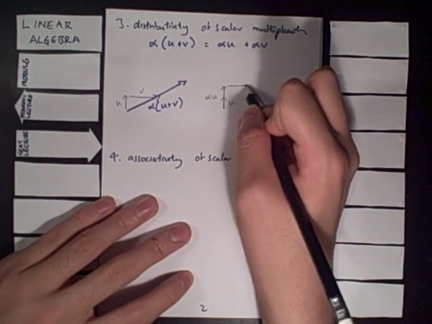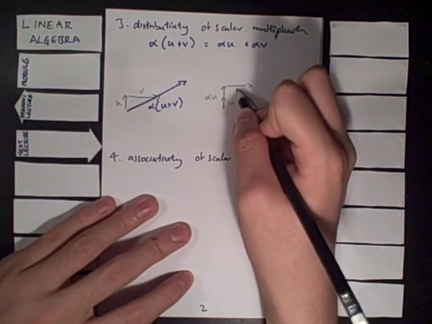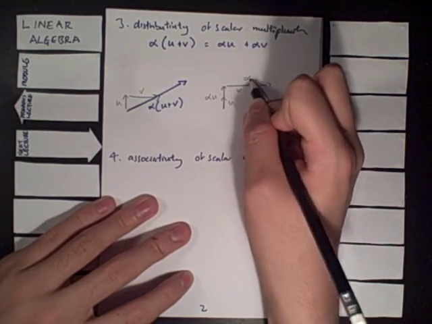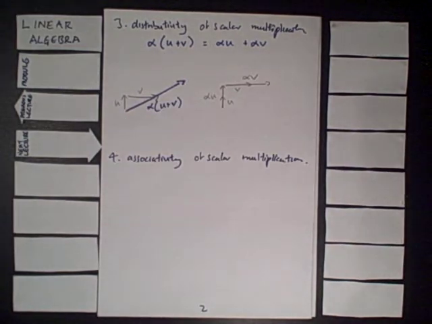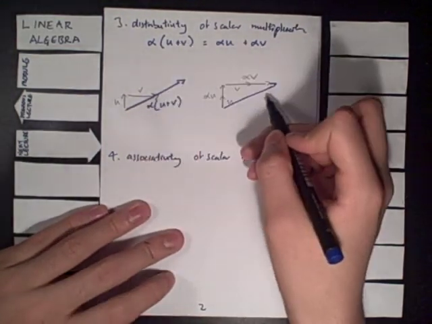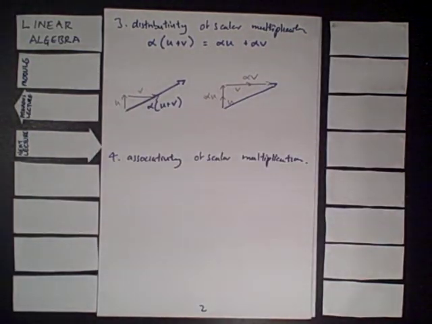So here's v, and here's alpha v. The result, the exactly same vector in both cases.